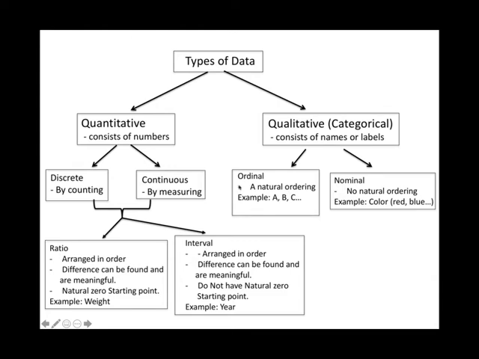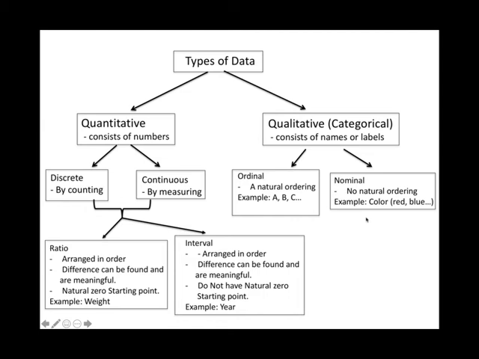First, let's look at ordinal and nominal. Both of these are under categorical. First, ordinal. They have a natural ordering, meaning when I tell you A, B, C, you know the next ones are going to be D, E, F. That's a natural ordering. Nominal means no natural ordering.